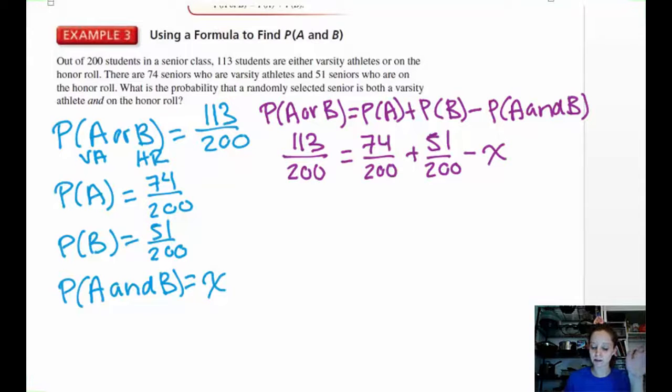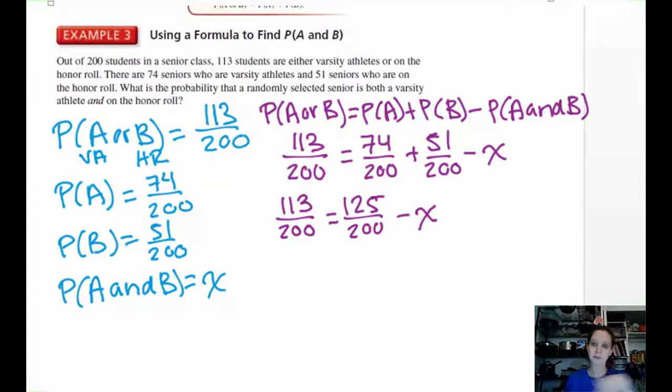Now I can solve for the unknown. 113 over 200 equals, that is a 125 out of 200 minus x. Then move x to the left side to make it positive.